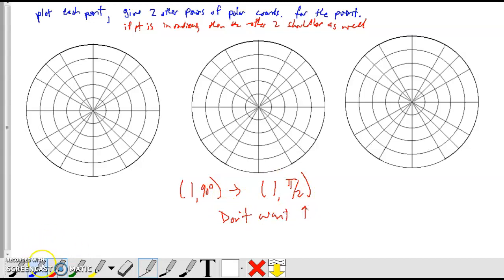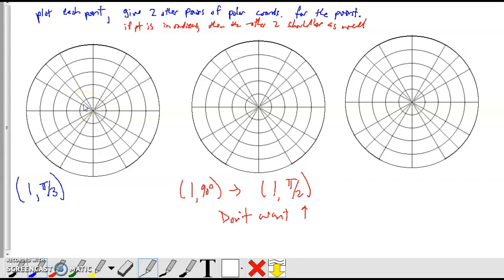Okay. So here's our first example. Let's start off with an easy one. The point will be 1 comma pi over 3. For the sake of this example, each circle represents 1 radius.